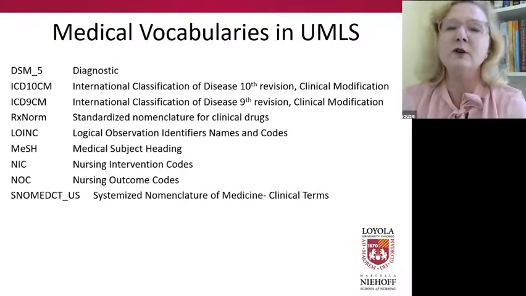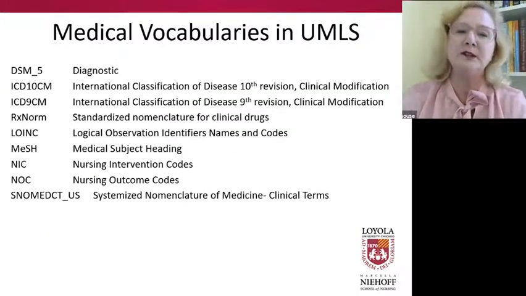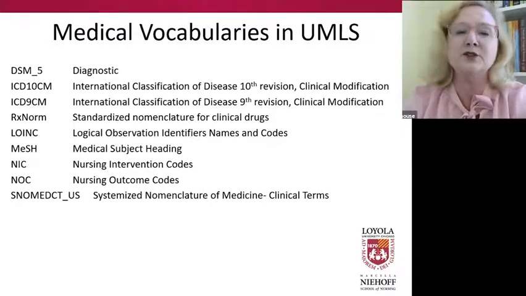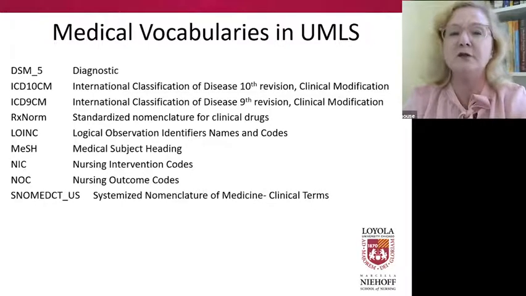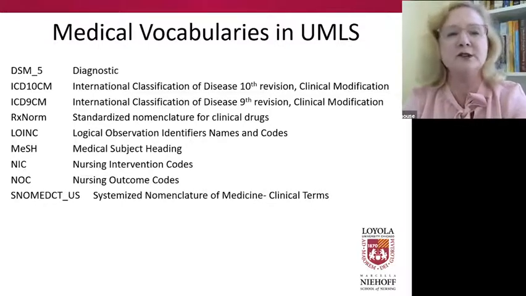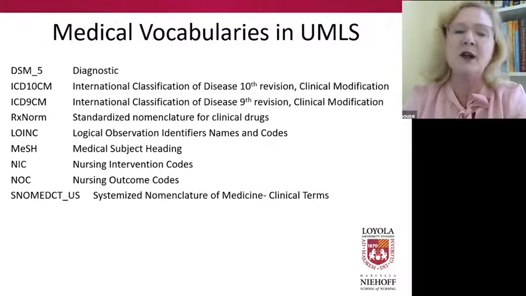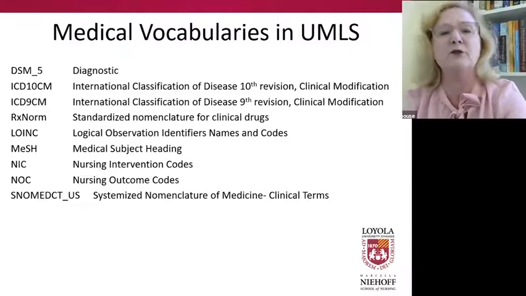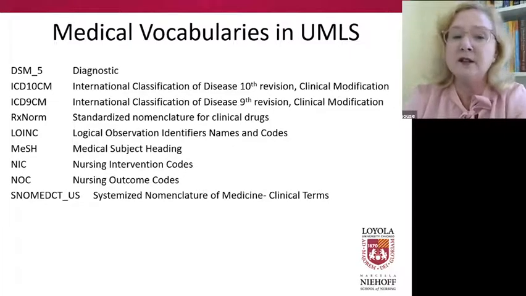Our medical vocabularies include things like our DSM-5 diagnostic codes, our International Classification of Diseases 10th revision, so the ICD-10 codes, previously ICD-9 codes, RxNorm, which is standard nomenclature for clinical drugs, and example nursing outcome codes, right?